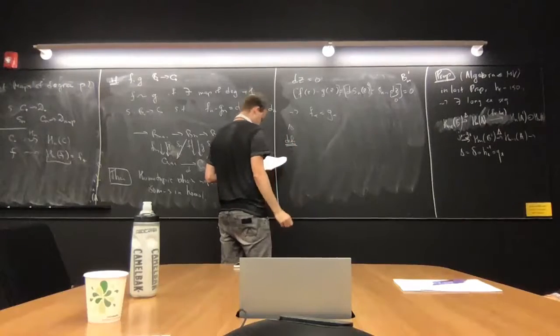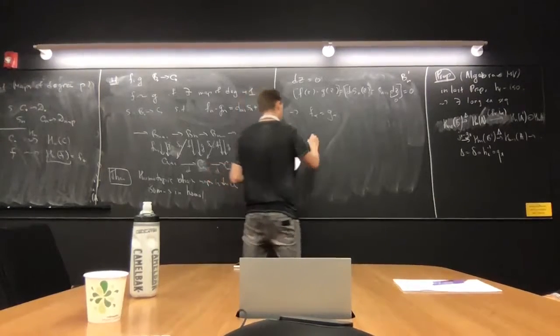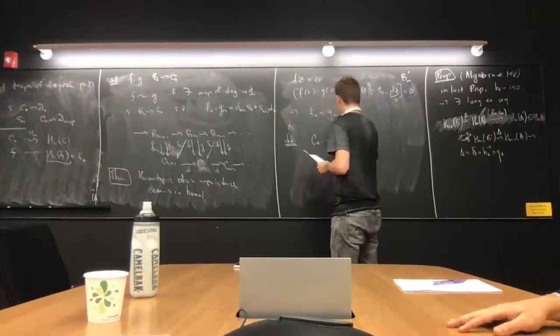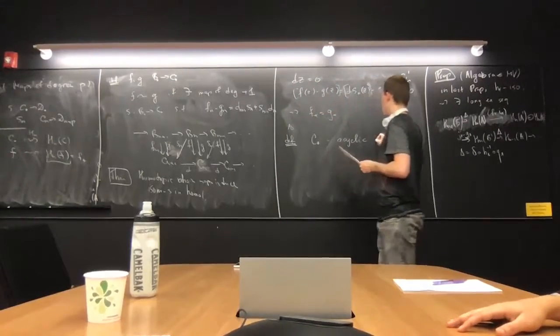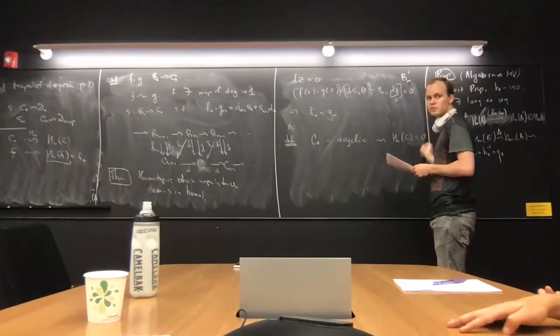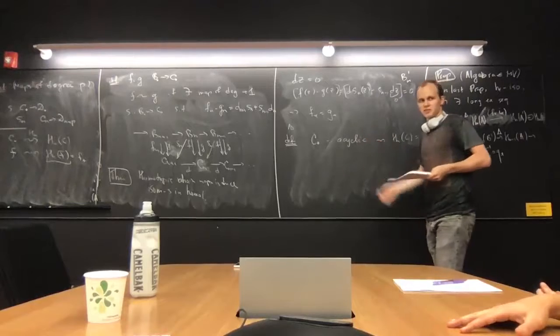Okay. Also, a couple words. A complex is called acyclic if all homologies are 0. So no cycles.